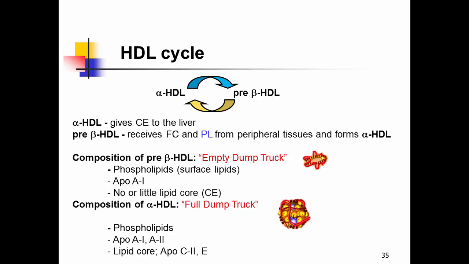FC is free cholesterol, and PL is phospholipids, right? So it receives both the free cholesterol and the phospholipids from the peripheral tissue and becomes alpha HDL. So basically alpha HDL and beta HDL are the same lipoprotein in different stages, all right?